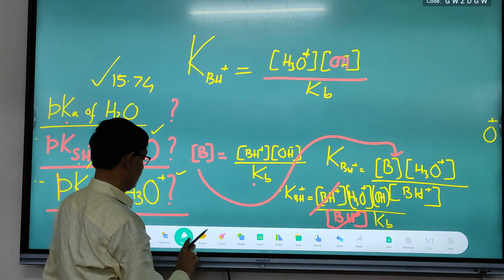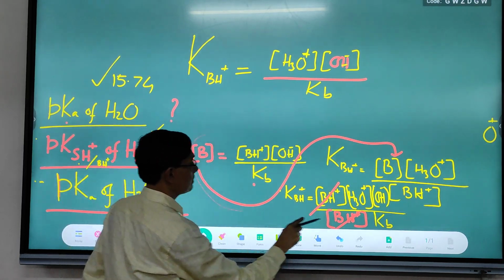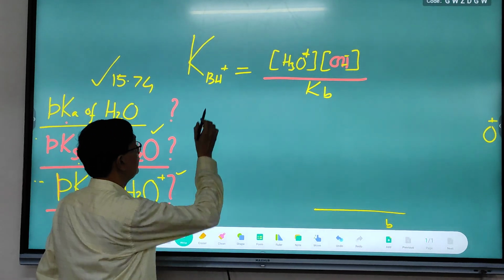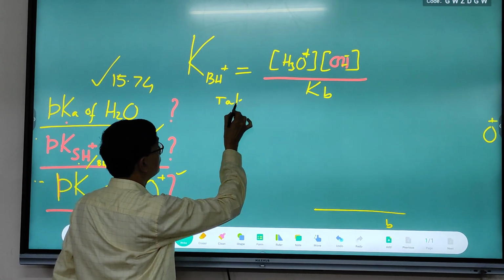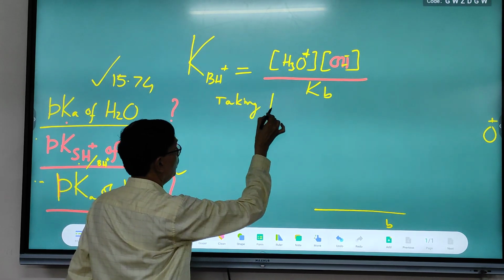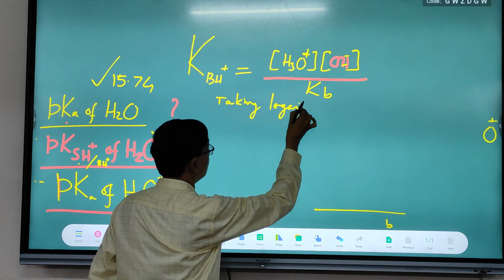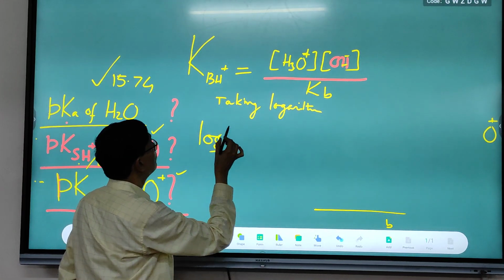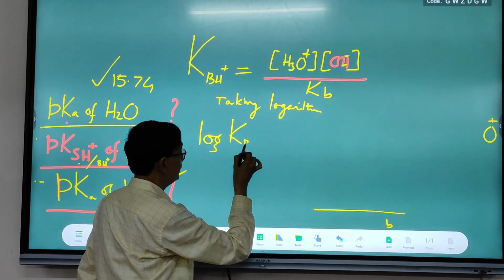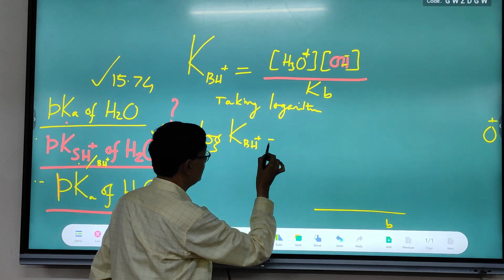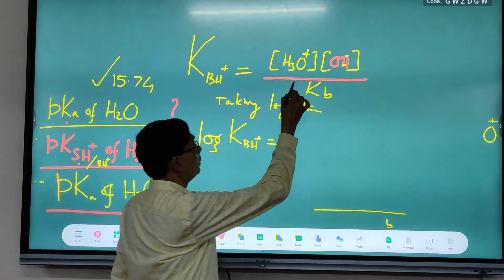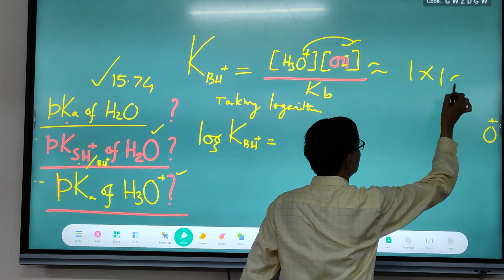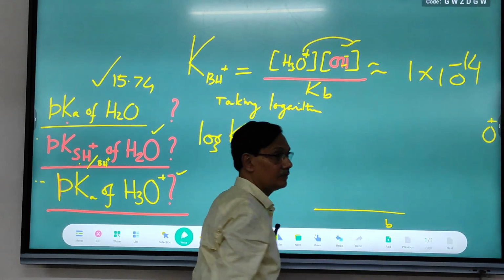So taking logarithm, log of this, of course KBH, is equal to, you know that this value is 1 into 10 to the power minus 14.